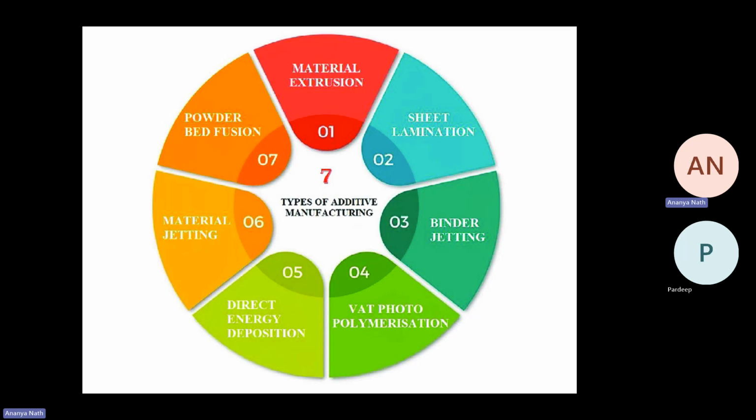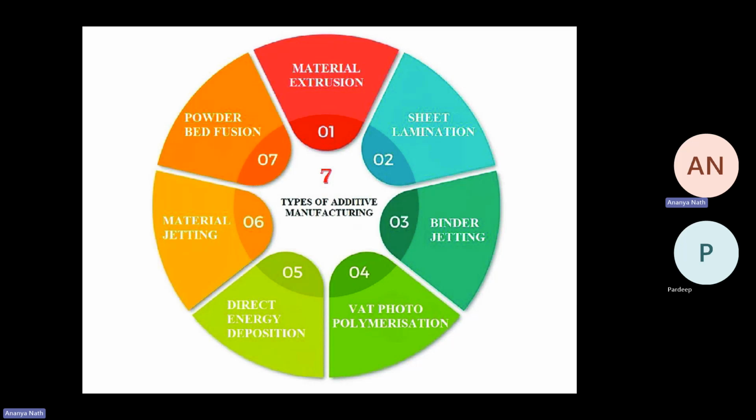If you're printing something very complex, with internal structures or intricate features, with higher accuracy and resolution, you can print it using material jetting. But the only issue is it can only print polymer, and it uses the liquid form of polymer.